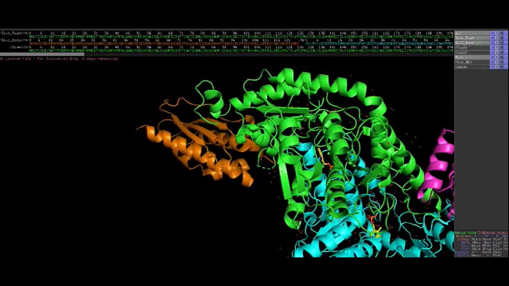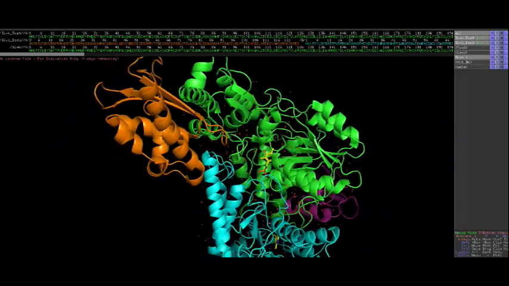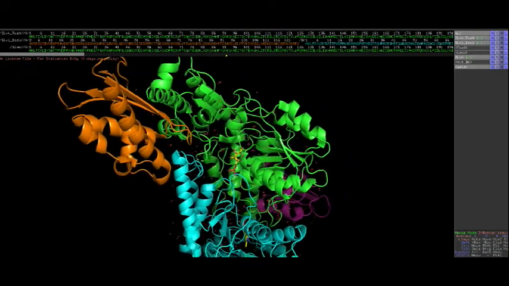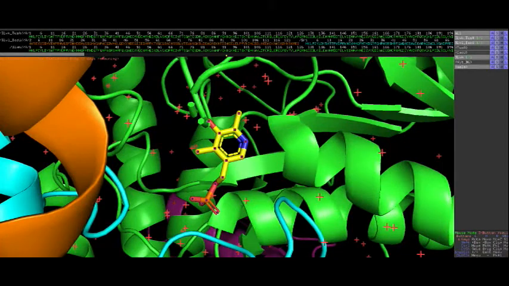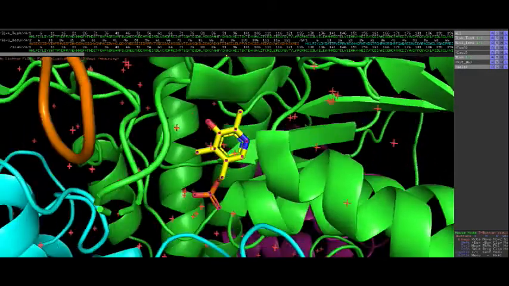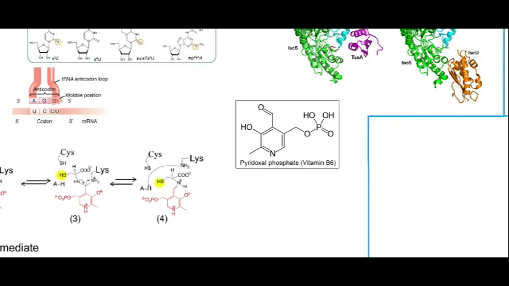But this is our ISCS, and we can actually see here in the active site, this is actually vitamin B6. So we can actually see vitamin B6, which is this pyridoxal phosphate here in the active site.